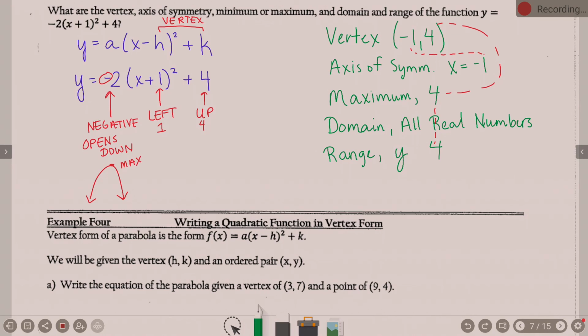And if 4 is a maximum, it's the highest point, so the rest of my values need to be less than or equal to. So what it's going to come down to is if it's a maximum, you're always going to use less than or equal to. If it's a minimum, you're always going to use greater than or equal to.